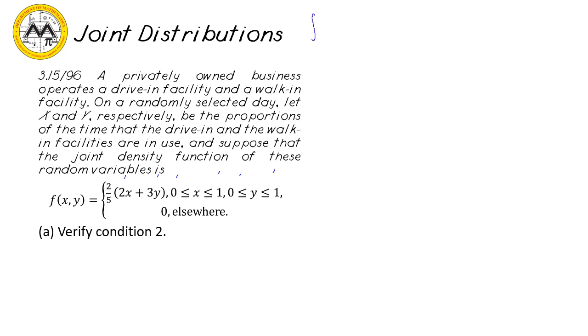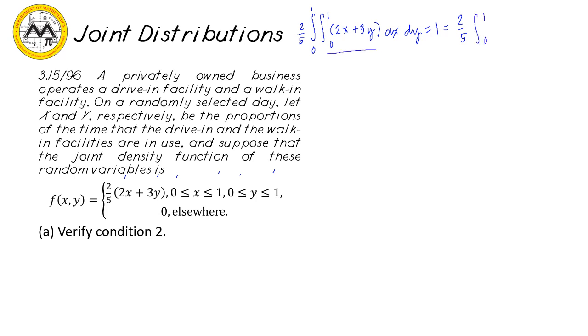That is, if you integrate 2 over 5, which is constant, times 2x plus 3y dx, where x is from 0 to 1, and dy from 0 to 1 as well, it should be equal to 1. So this would be 2 over 5 integral from 0 to 1.